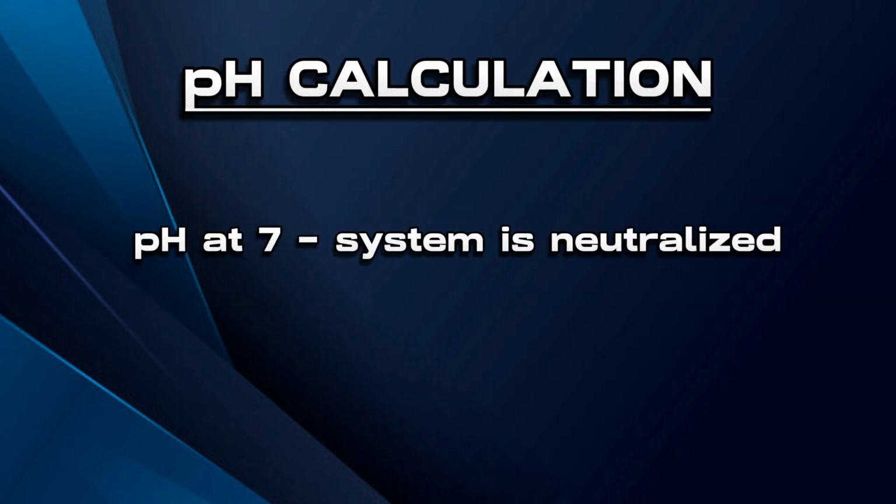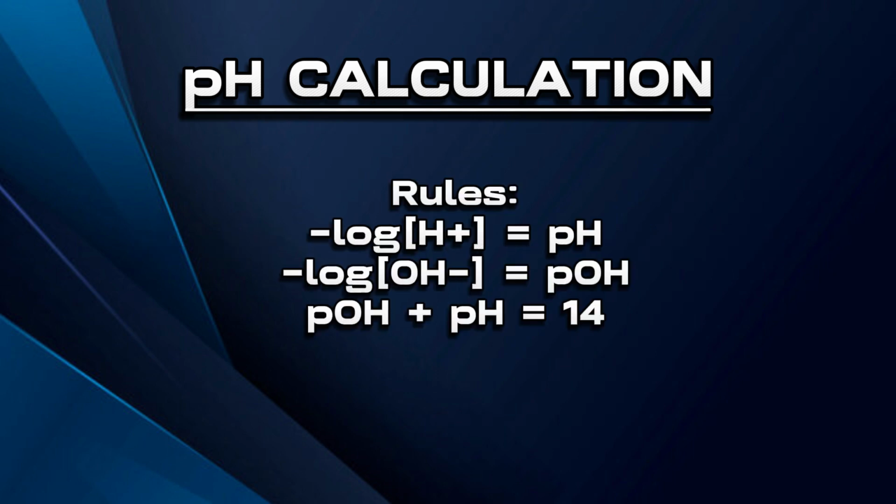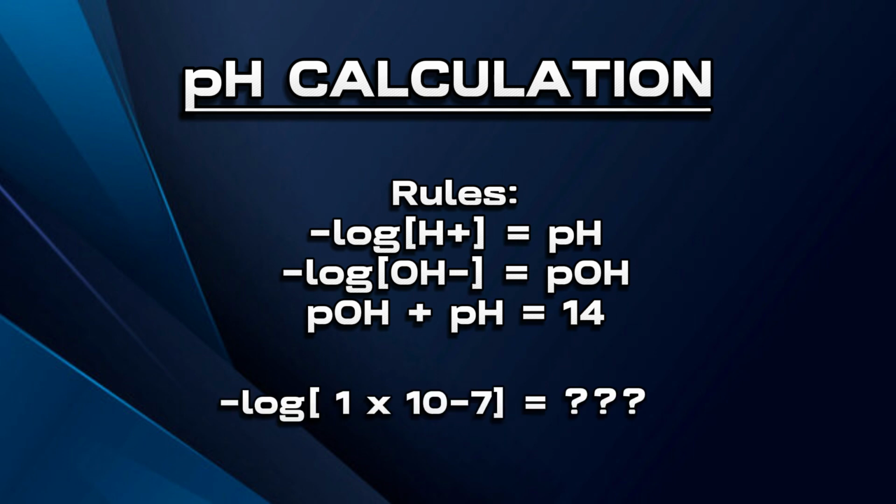When the pH is 7, there is little to no H plus or OH minus ions left, as they've all reacted to each other to form H2O. Here's the rules for calculating pH and pOH. To test this, let's say you had a really small number, like 1 times 10 to the negative 7th.